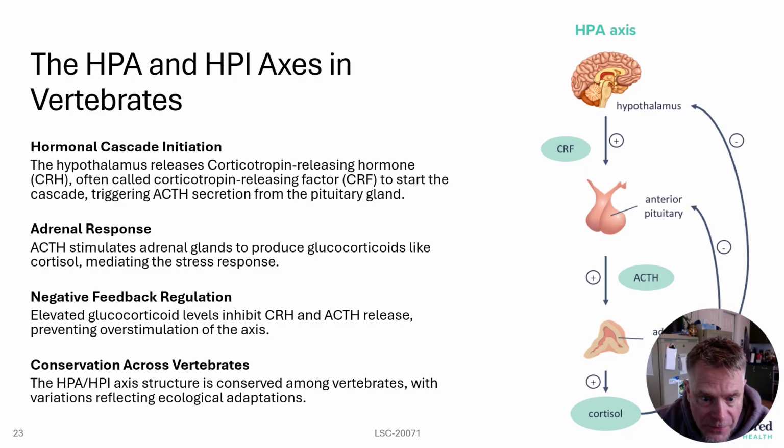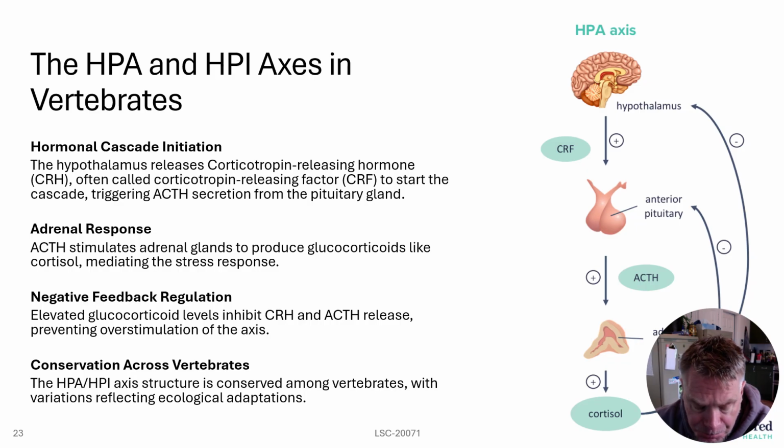The hypothalamus releases corticotropin releasing hormone, CRH, which is sometimes called corticotropin releasing factor, same thing, and that goes to the anterior pituitary and triggers ACTH secretion from the pituitary gland, and that ACTH stimulates adrenal glands to produce glucocorticoids like cortisol, mediating a stress response.